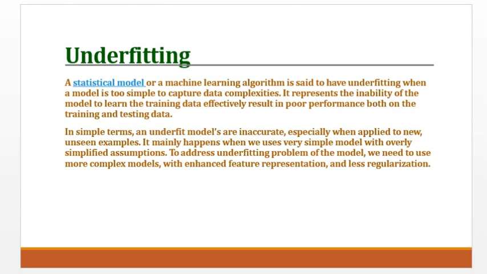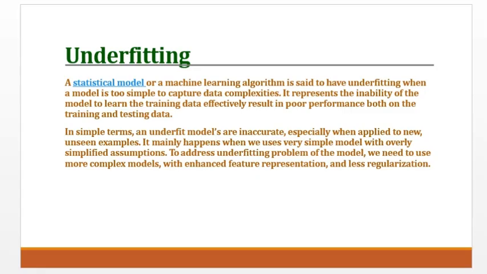Underfitting, on the other hand, is when the model is way too simple and does not cover all the important points in a data set. An underfit model is inaccurate when it does not perform well on unseen examples.